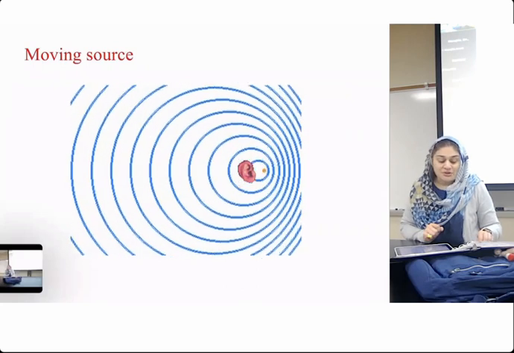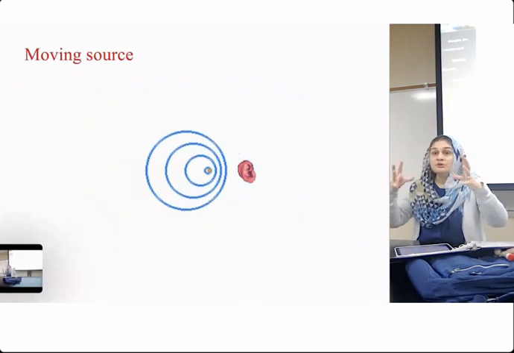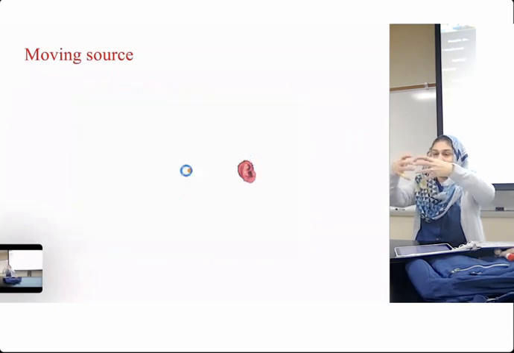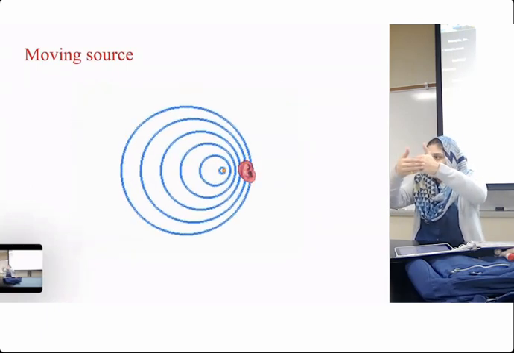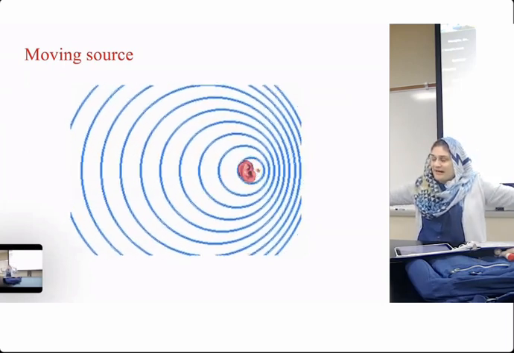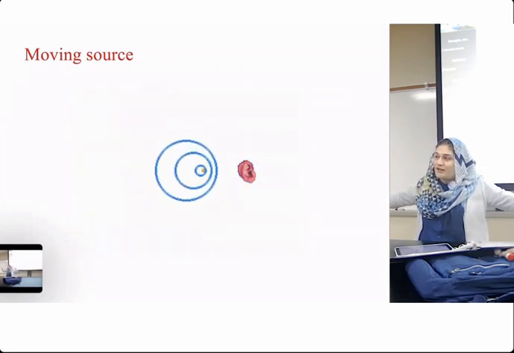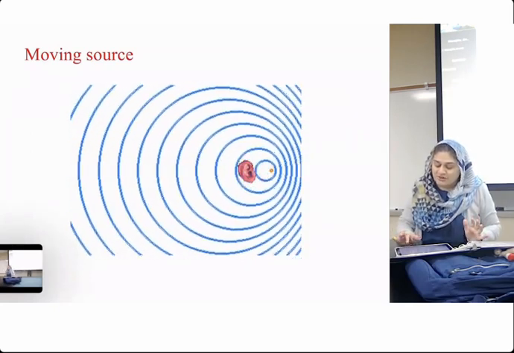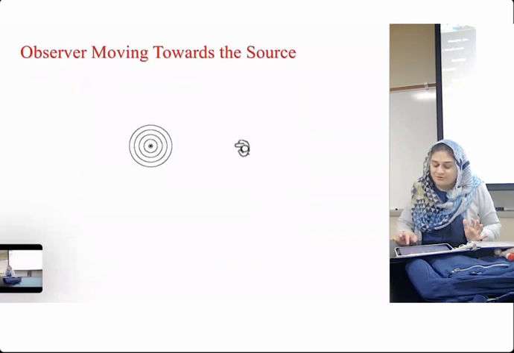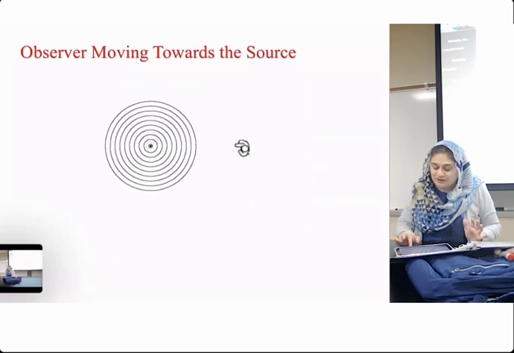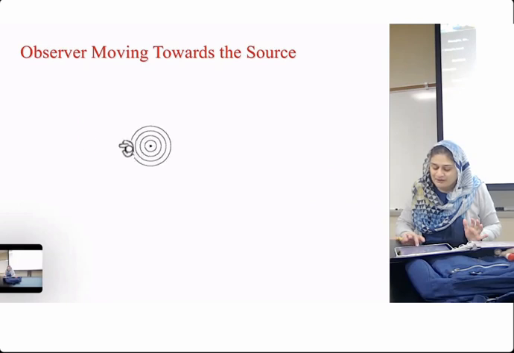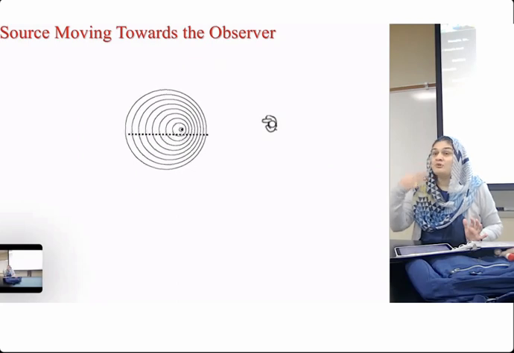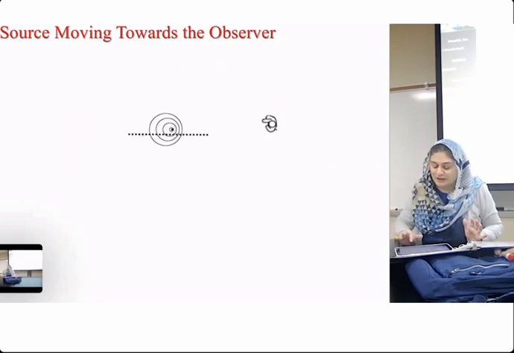What is happening here is this. When a source of sound or light moves, the waves that it's emitting at the front bunch up, whereas the waves that are at the back become larger. So the wavelength actually changes for a moving source. So when the observer moves towards the source versus when the source moves towards the observer that is standing, in both cases, you will see what is called a Doppler effect.